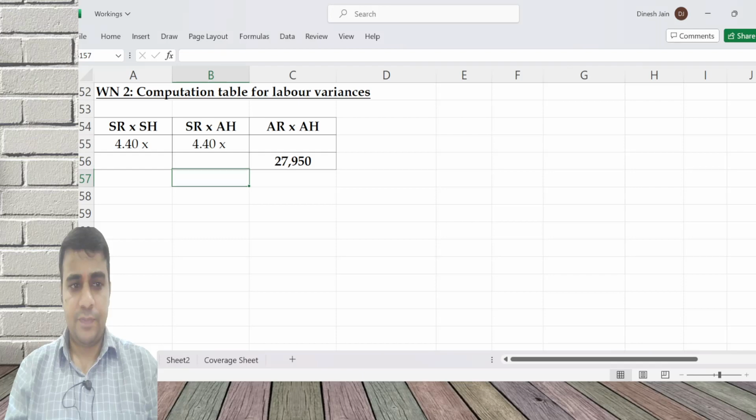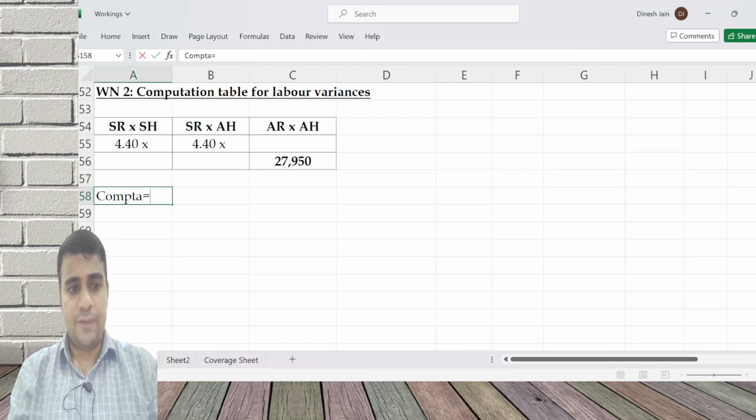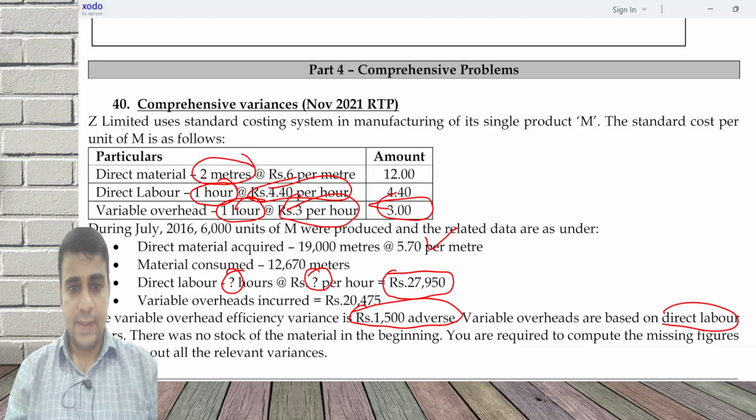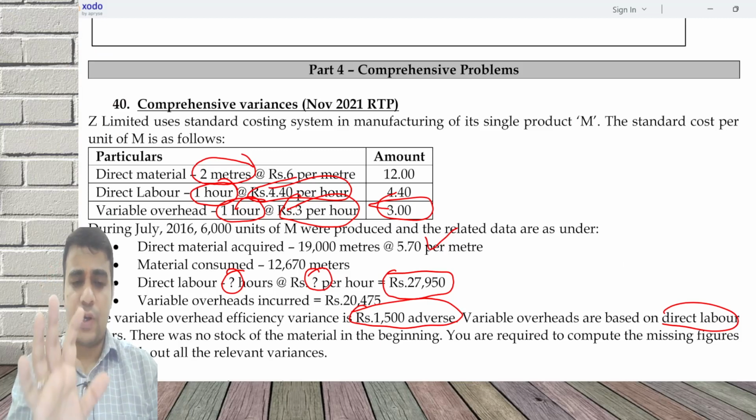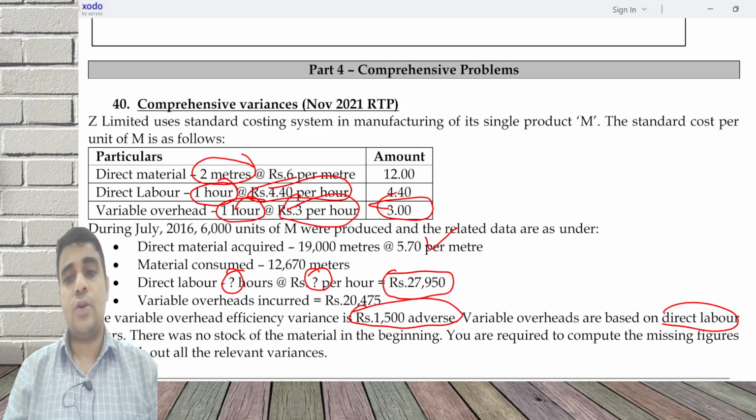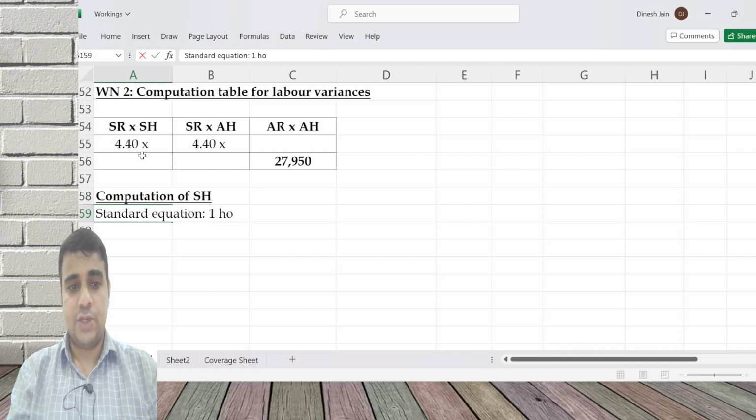SH is the computation of SH. Standard equation: every time just focus on the table. That is the standard cost sheet. In most questions the cost sheet would be given as 1 hour equal to 1 unit.